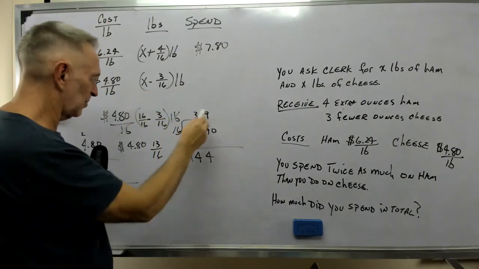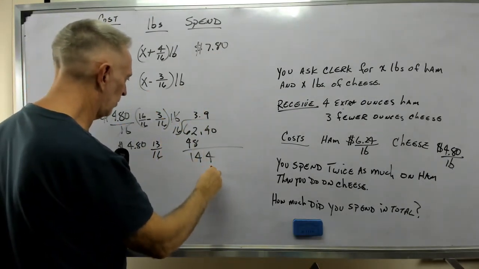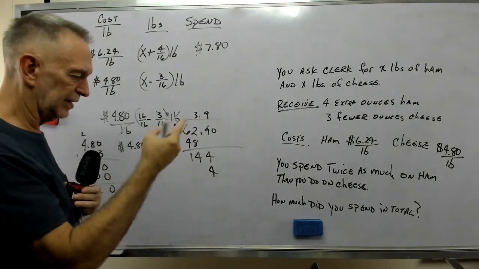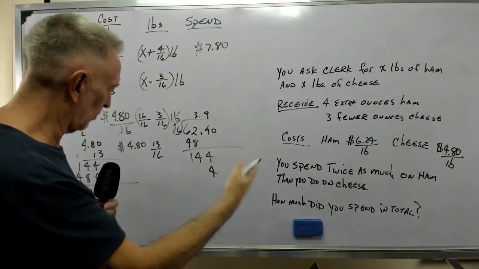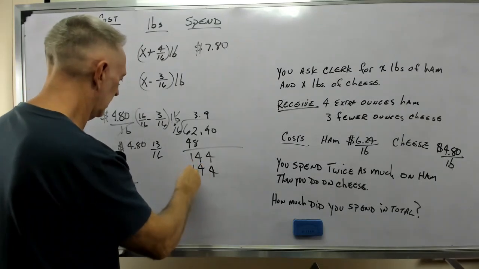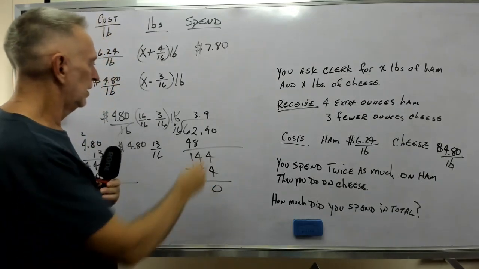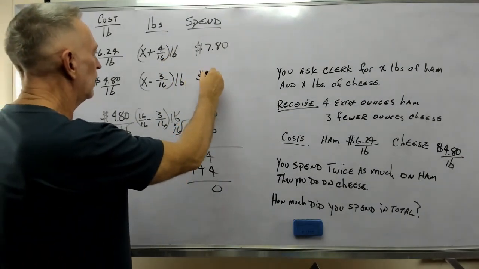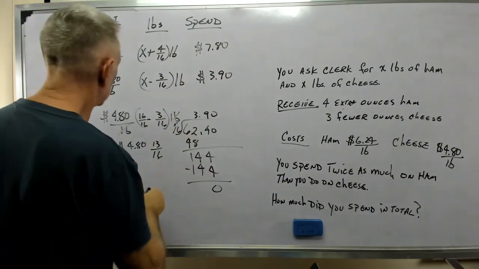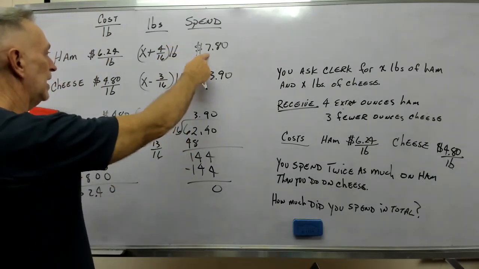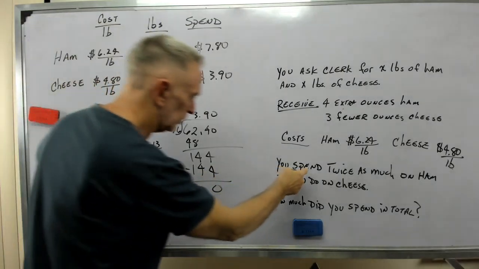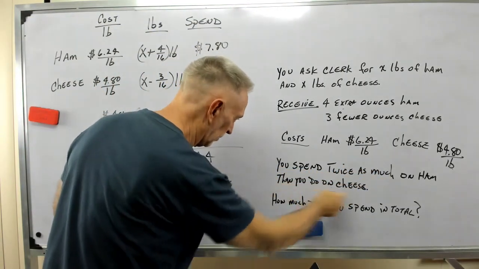Looks like it's going to work out. 9 times 6 is 54. Carry a 5. 9 times 1 is 9, 10, 11, 12, 13, 14. Yay. I like it when it works out. So what did we spend on that? $3.90, which was twice, the ham was twice the spend as the cheese. We spent twice as much on ham than we did on the cheese.